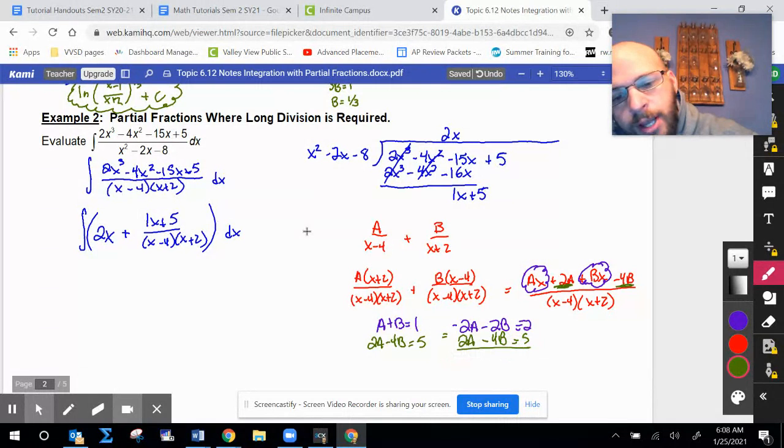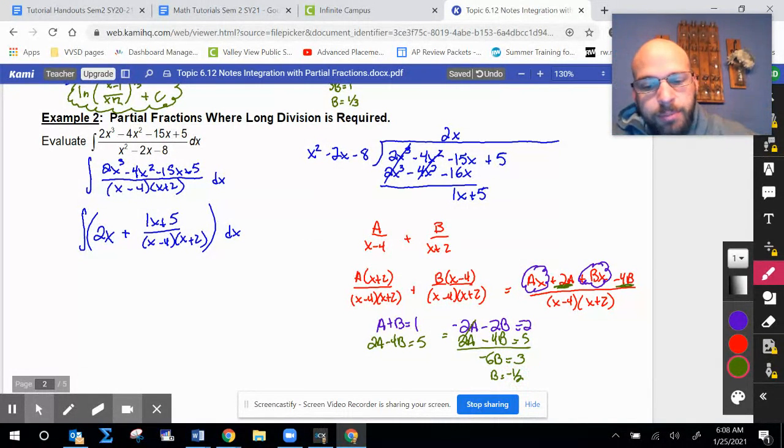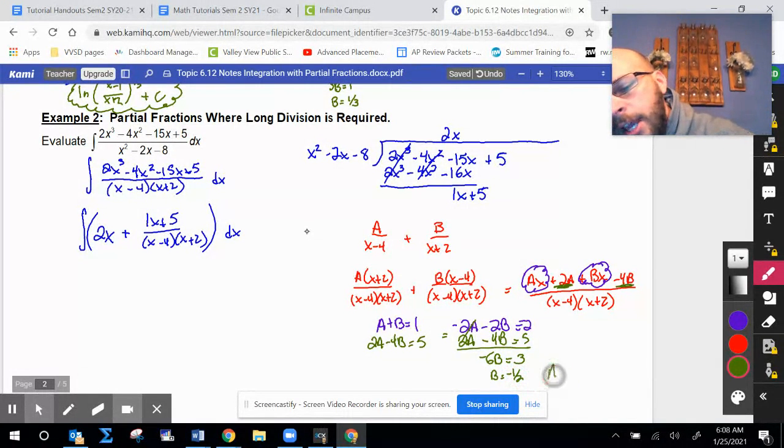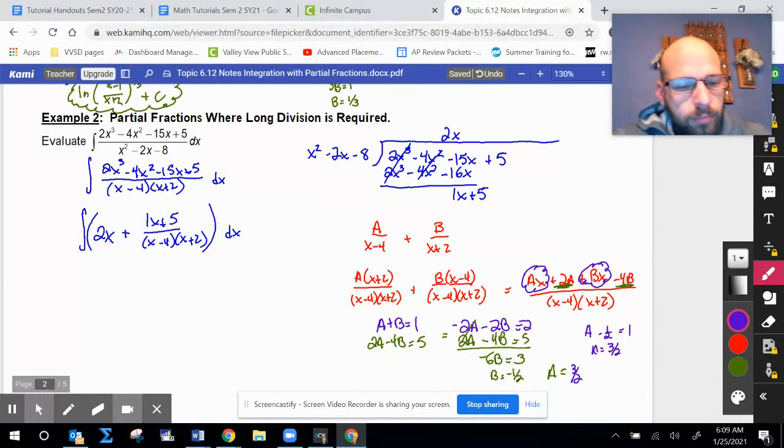If I add straight down, I get negative 6b equals 3, which means b equals negative 1/2. Now, if a plus b is 1, let's double check: a minus 1/2 equals 1. If I add 1/2, I get 3 over 2. So a is going to be 3 over 2.